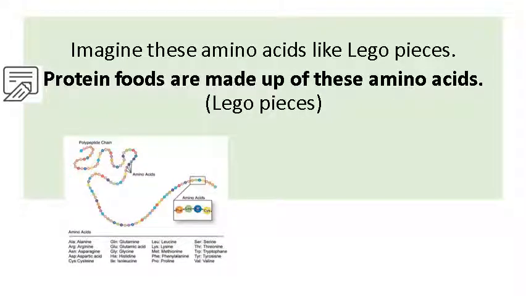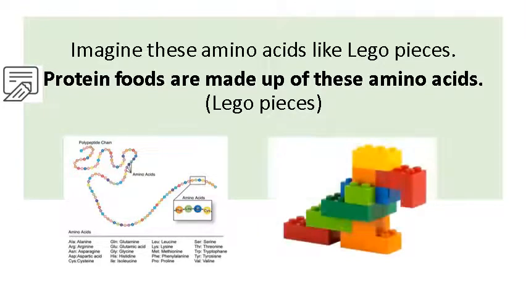So with these amino acids, coming back, you can see the protein molecule there with all the different amino acids. A good way to think of these is like Lego pieces. When these different amino acids are taken in by our body, think of them as within a particular combination.